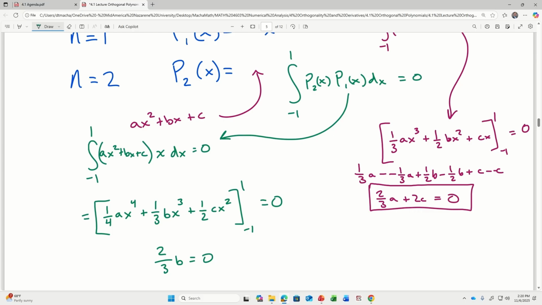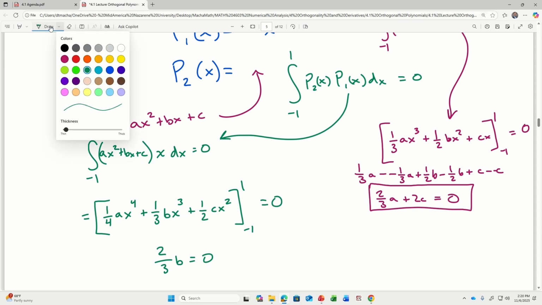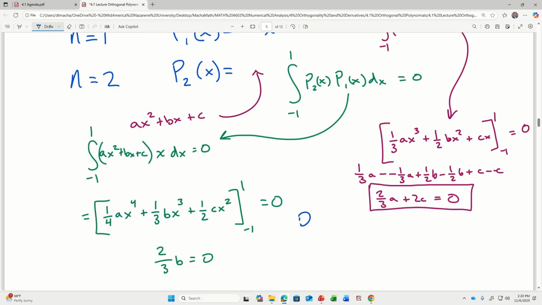Okay, so what this P2 of x then is going to be is ax squared plus c, where I have this relation between a and c, and I also know that if I plug in x equals 1, I should get 1, right?